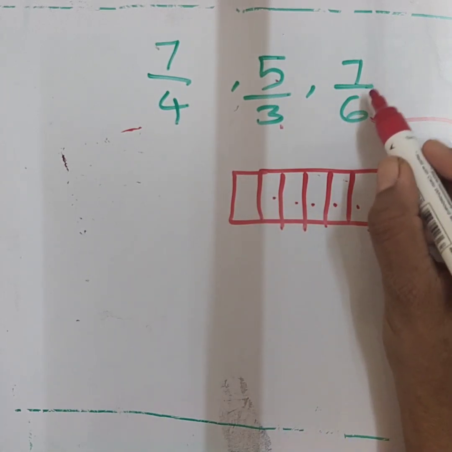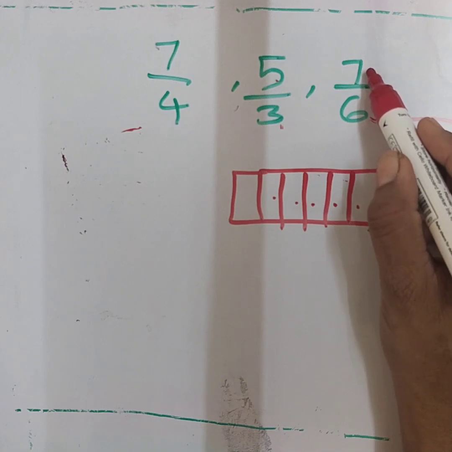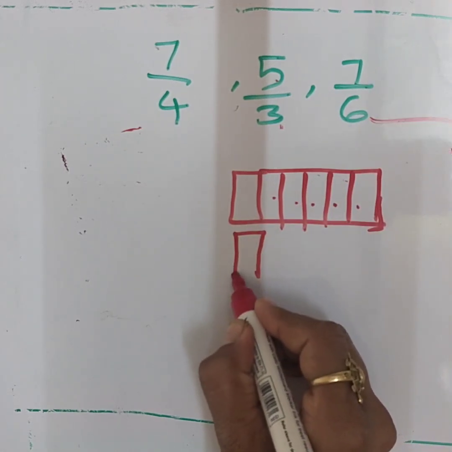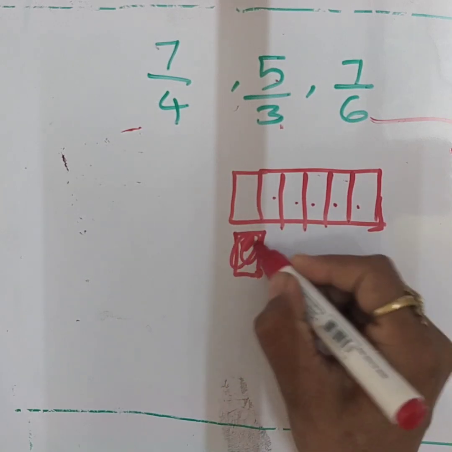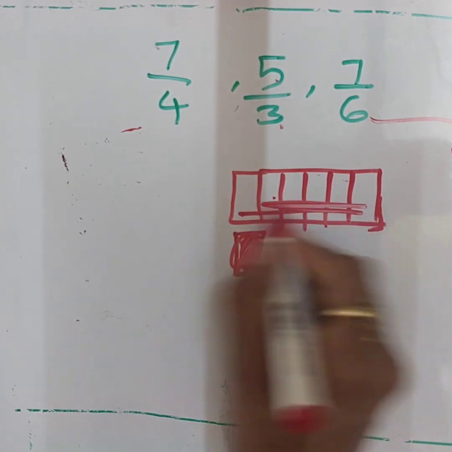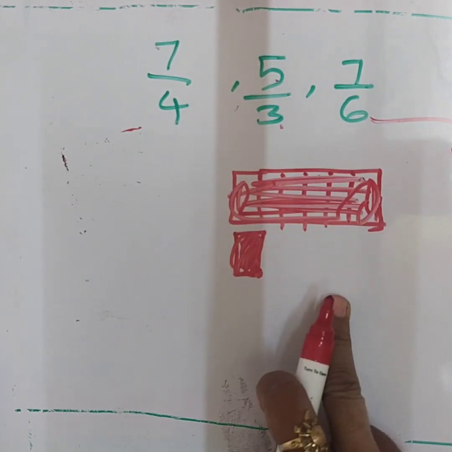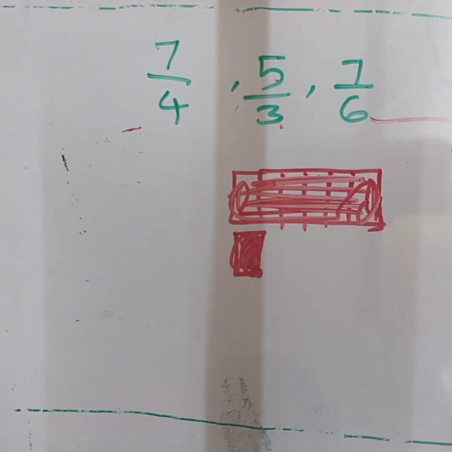And then we need to select 7 pieces. Here there are 6 pieces, so I am taking one extra piece, making 7 pieces. I am filling this. So this is the pictorial for 7 by 6.